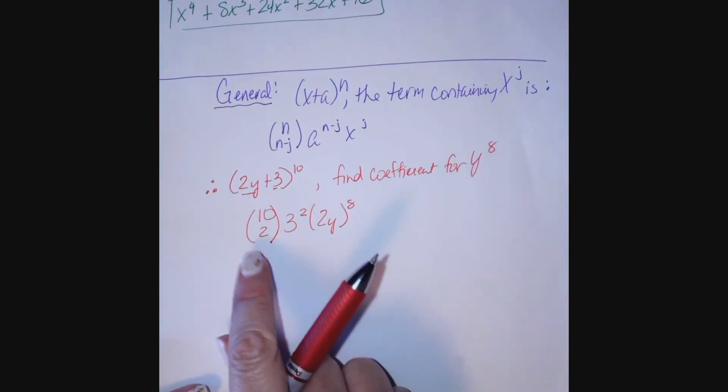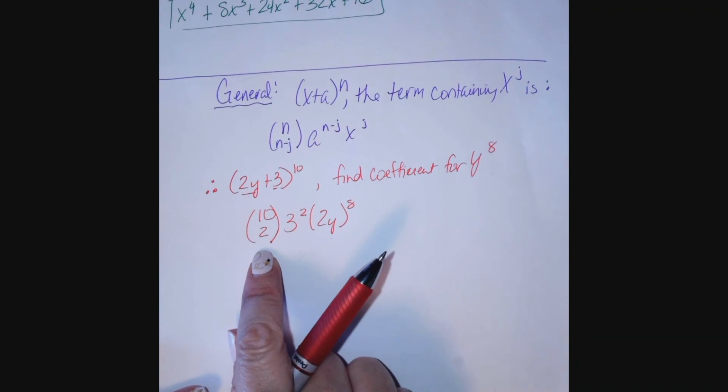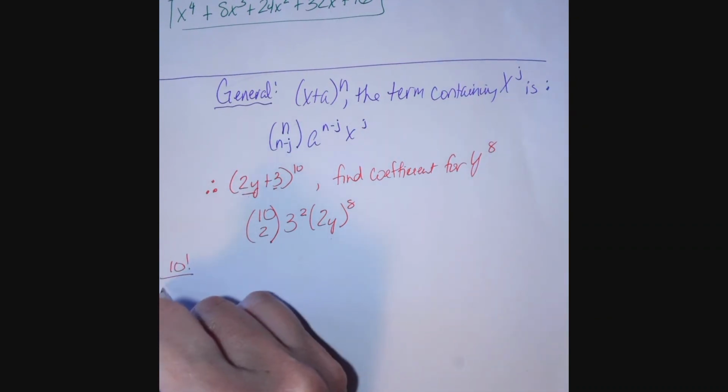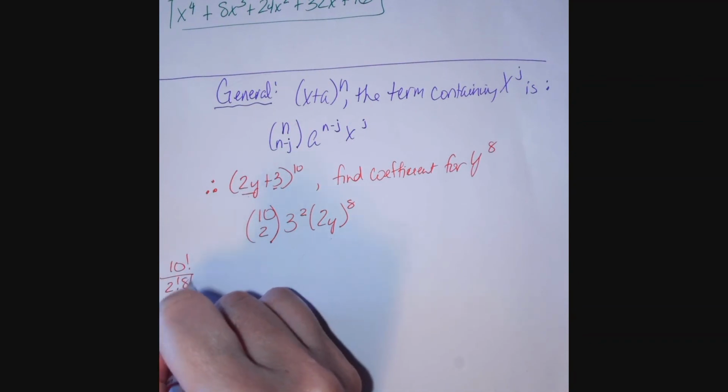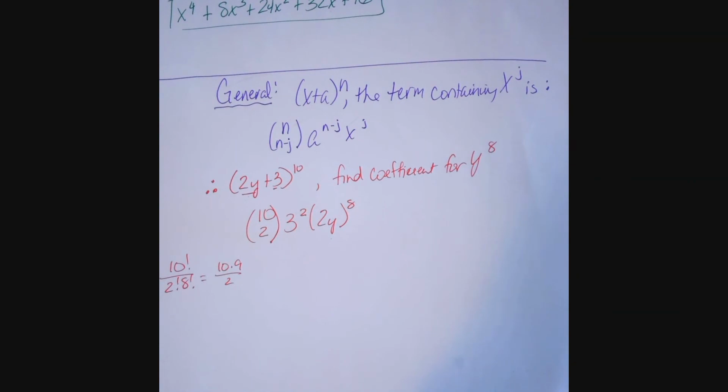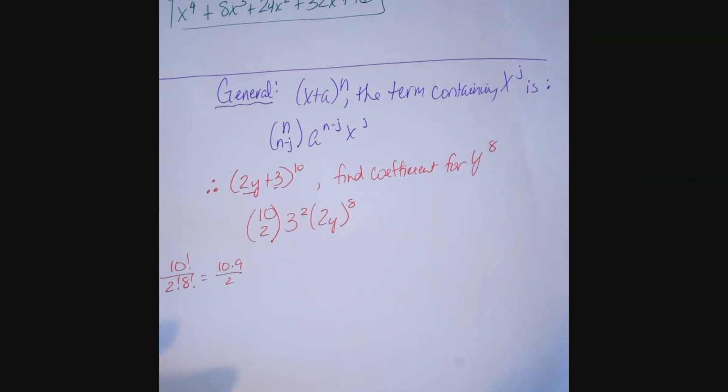The first thing I need to know is this binomial coefficient. I can either go look at this 10th row and find 0, 1, 2, or I can say, you know what, that's 10 factorial over 2 factorial, 8 factorial, which is just 10 times 9 over 2, which is 45.